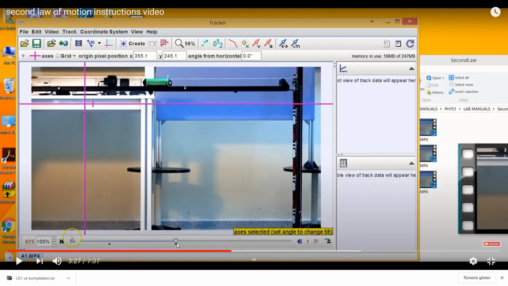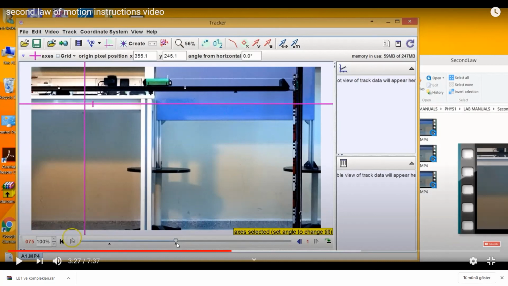However, as soon as the force exerted on the cart decreases to zero, which is the moment when the tension in the rope has decreased to zero, the cart will move with constant velocity after this point.